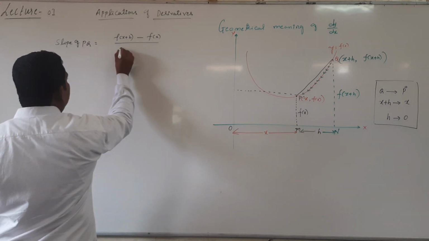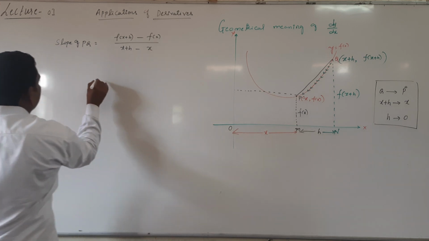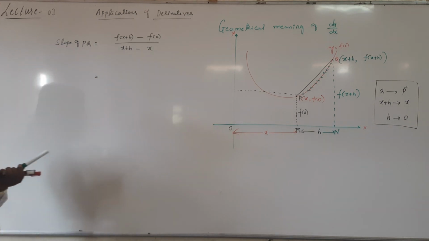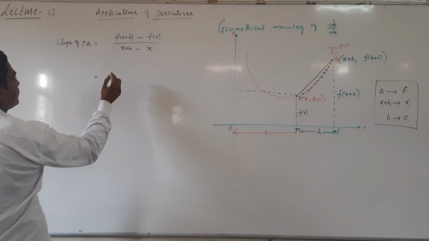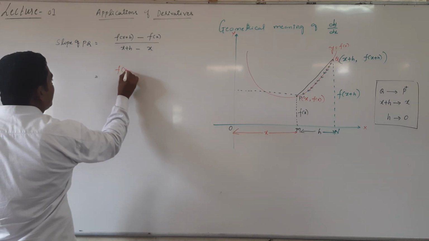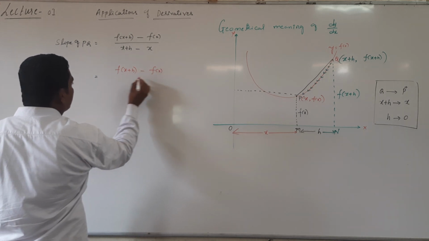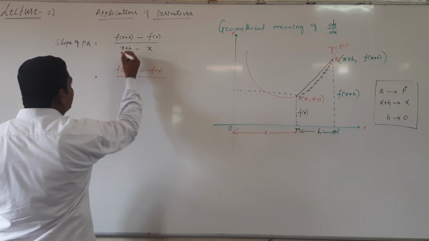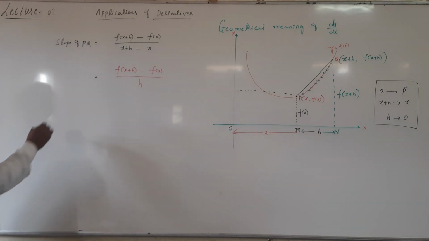What is x2 here? X plus h minus x. On simplification, f of x plus h remains as it is, minus f of x, whole thing divided by h, as x gets cancelled.